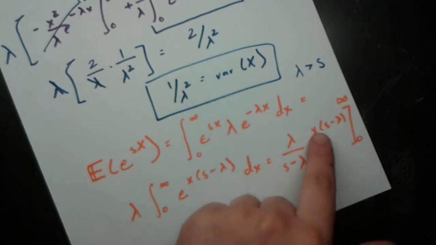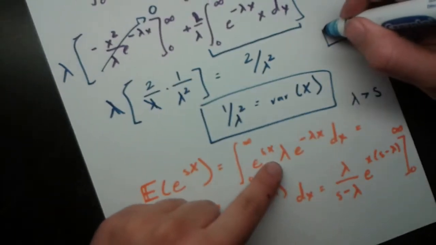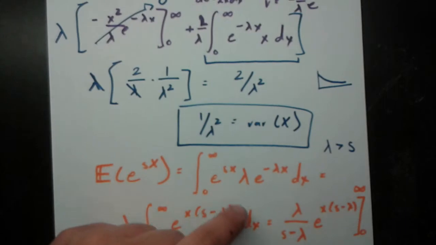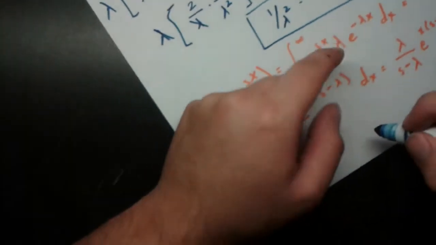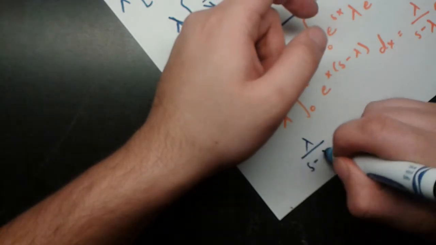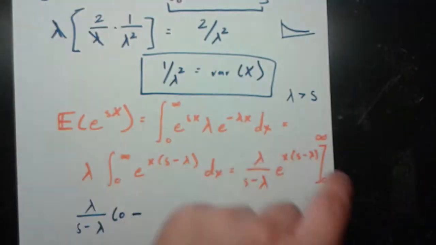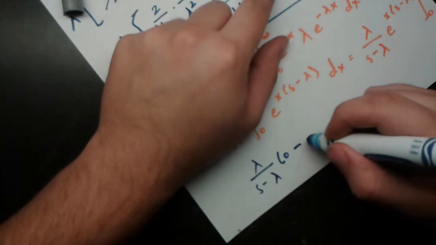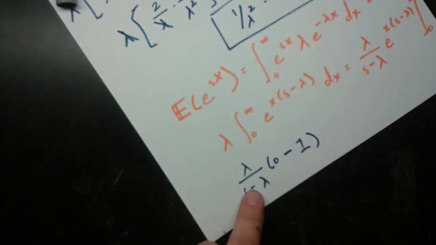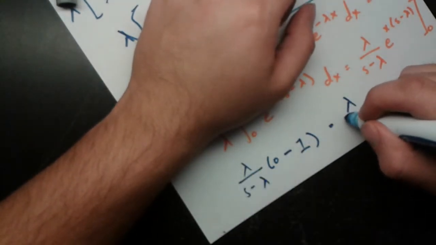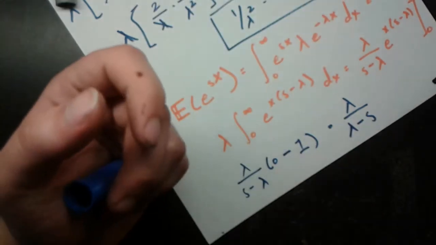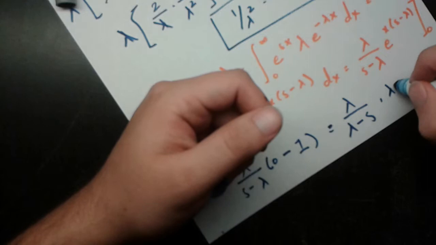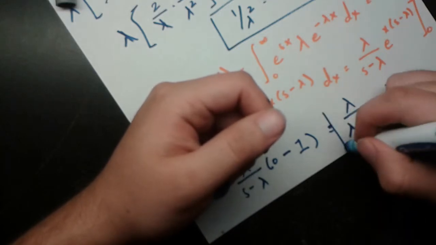So that means if we put e to the x, being smaller than 0 means the graph looks like that, okay? Tapering downward, just like our PDF looked like. So putting infinity into here, we see that goes to 0. So we have lambda over (s minus lambda) times 0 minus, and putting 0 into here, we see that clearly is 1. So this is a negative 1, so we can just flip the denominator, so we get lambda over (lambda minus s).